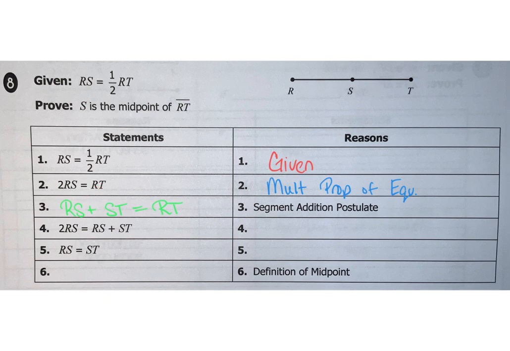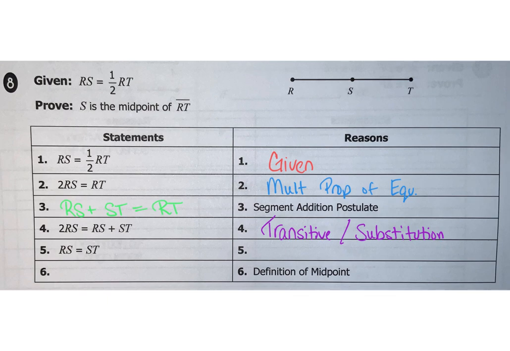And then instead of RT, they have 2RS equals RS plus ST. What have they done here? Substitution, I would take transitive too, because if you look at it, we have 2RS equals RT, RT equals this addition, so 2RS equals the addition. So I would take substitution or transitive there. So transitive property or substitution. Either one of those are fine.